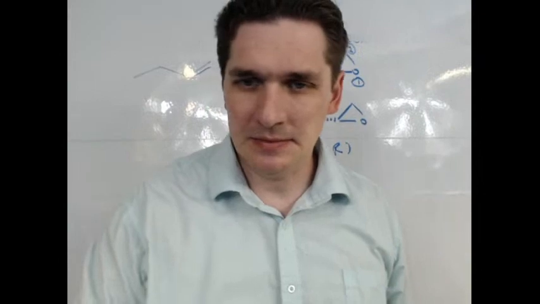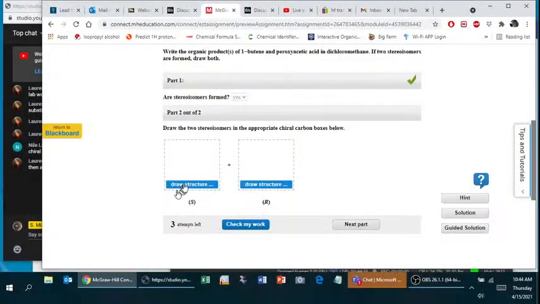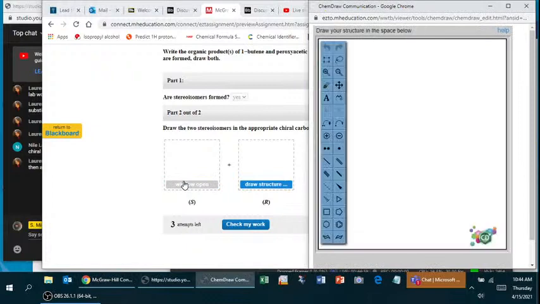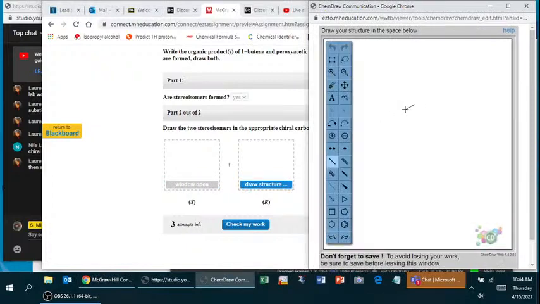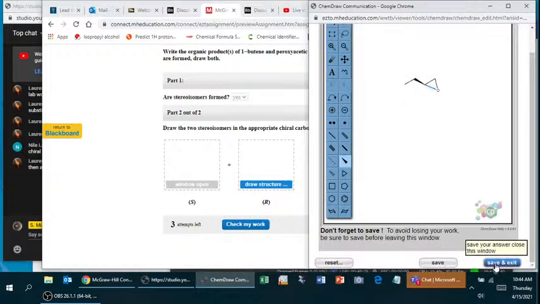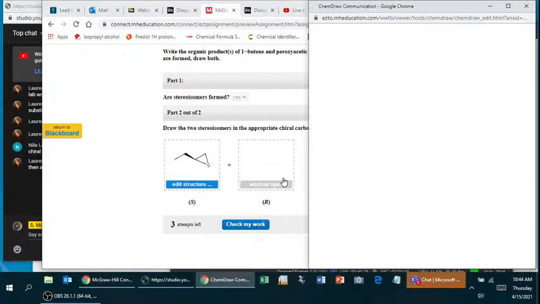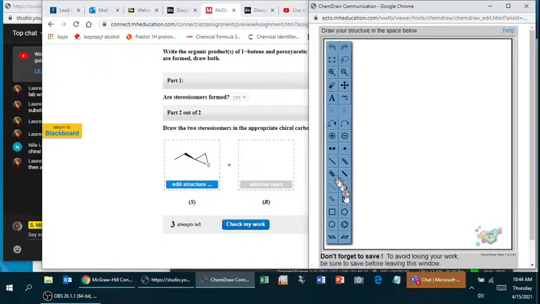So let's see if I'm right. Nice thing is, if I'm wrong, all I have to do is just flip it from wedge to dash.